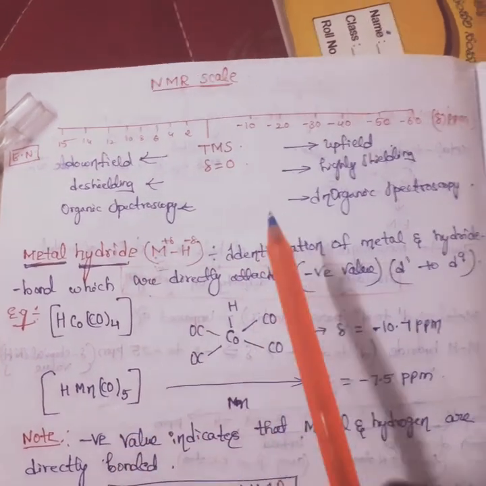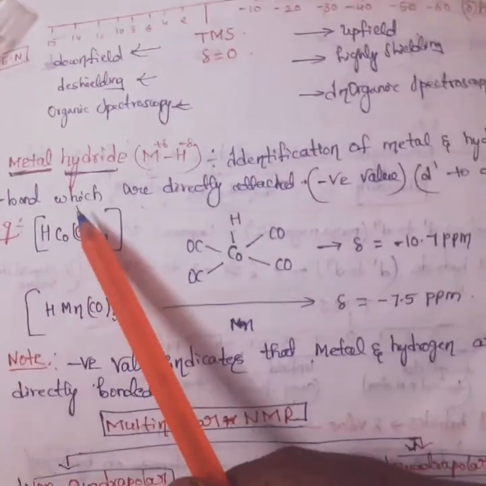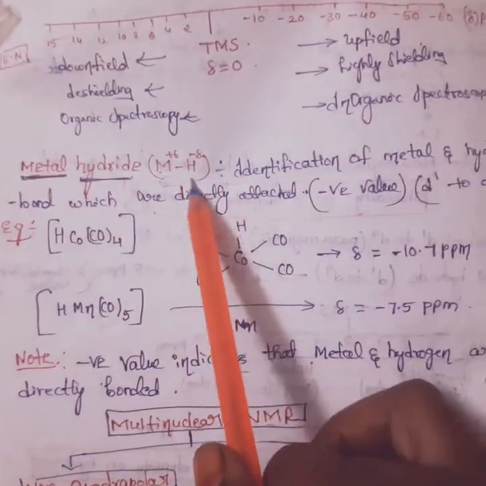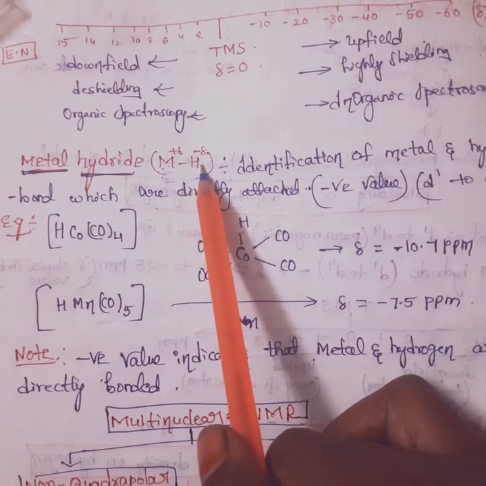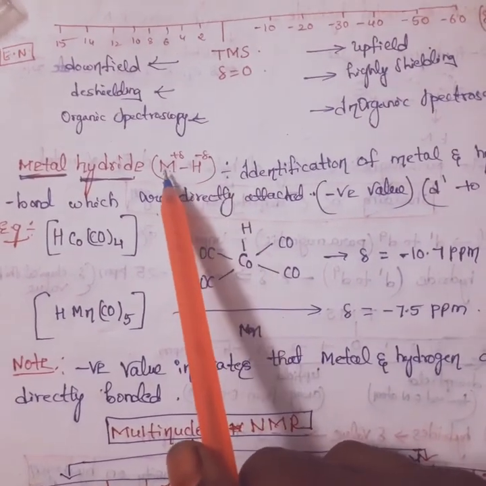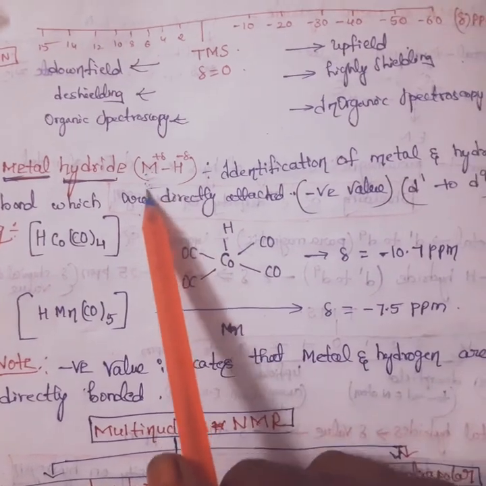Next, in our previous class we discussed metal hydrides. We know hydrogen is more electronegative, that's why here I have mentioned partial negative charge on hydrogen and partial positive charge on the metal.